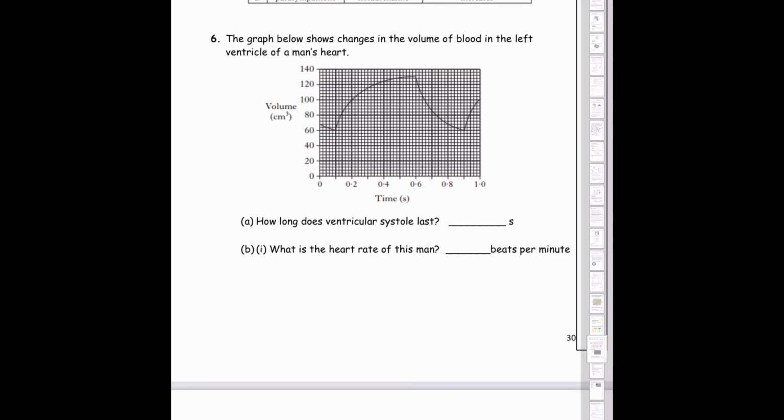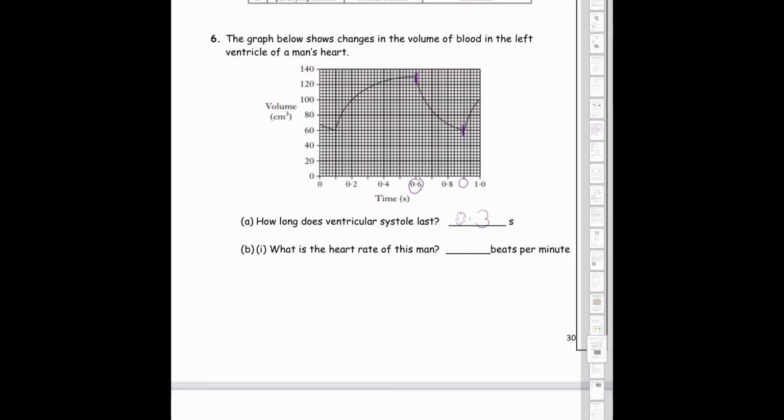How long does ventricular systole last? Well, during ventricular systole, the volume of blood in the left ventricle would decrease. So ventricular systole starts here and finishes here. So it goes from 0.6 to 0.9, which is 0.3 seconds.